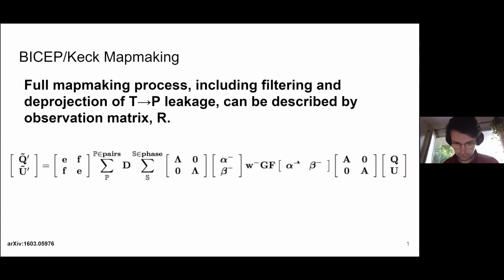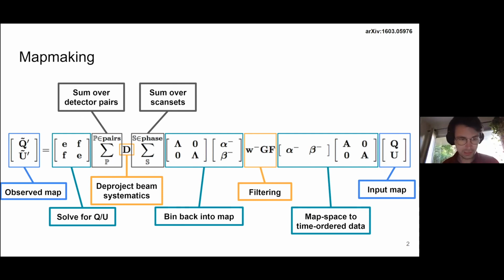Here it is written out in somewhat mathematical form. The idea is to incorporate in a pixel by pixel matrix the effect of filtering and deprojection, basically describing going from a true sky signal or some input simulation Q and U maps to these observed BICEP maps.